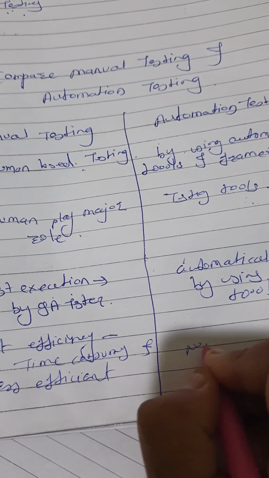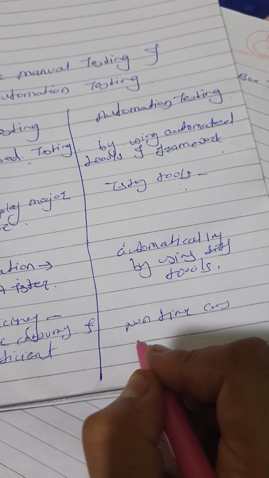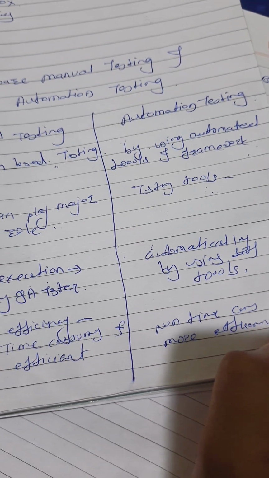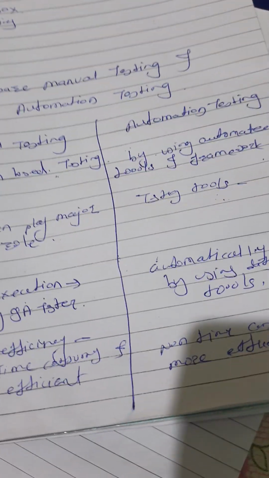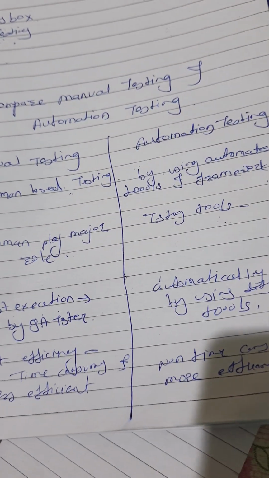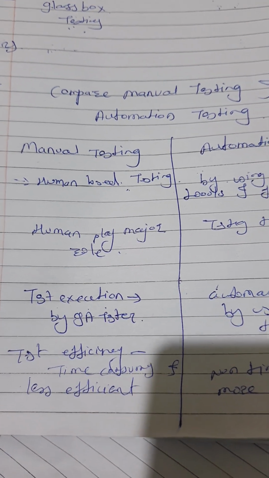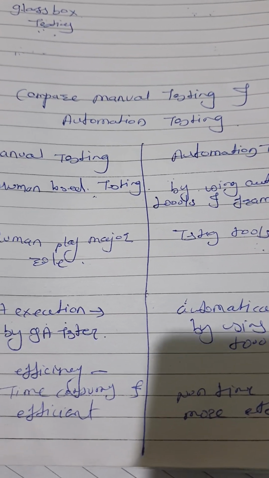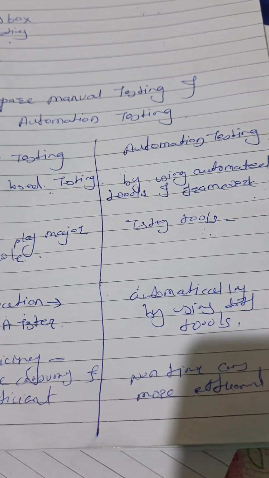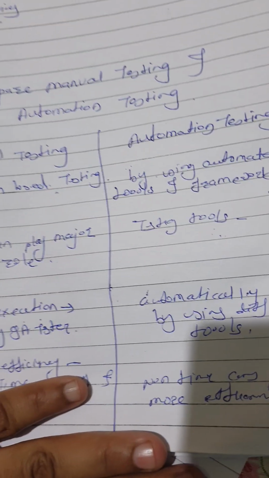Automation testing is non time consuming and more efficient than manual testing. And the next difference is related to tasks. In manual testing multiple tasks are done manually, but in automation testing most tasks can be automated, including real user simulation.